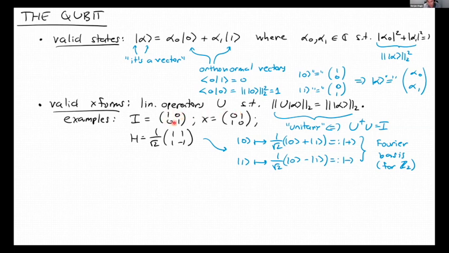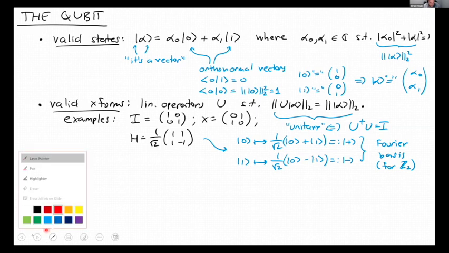The identity operator acts like the identity on the bit, and the non-identity operator swaps the two values of the bit. The simultaneous eigenvectors of this action are exactly these two vectors. So this Hadamard gate allows us to access this dual, Fourier basis of the qubit. And that'll be very important later on.